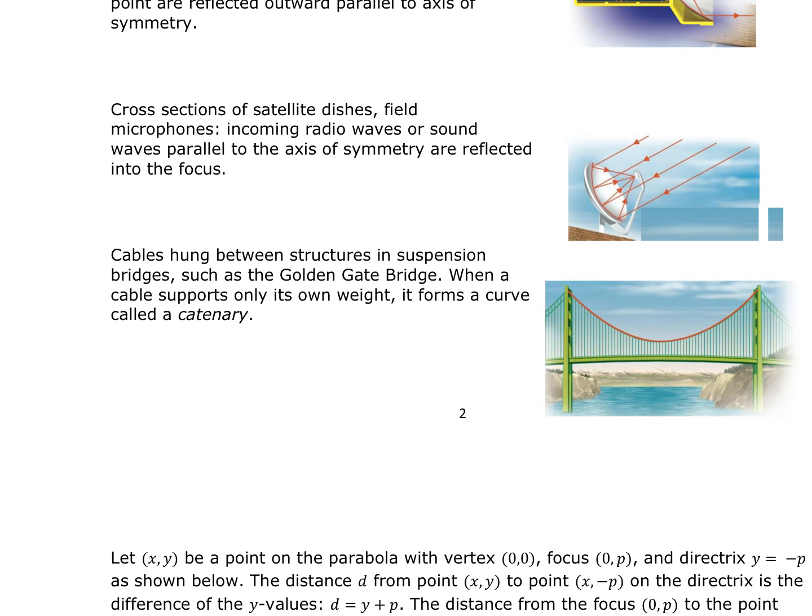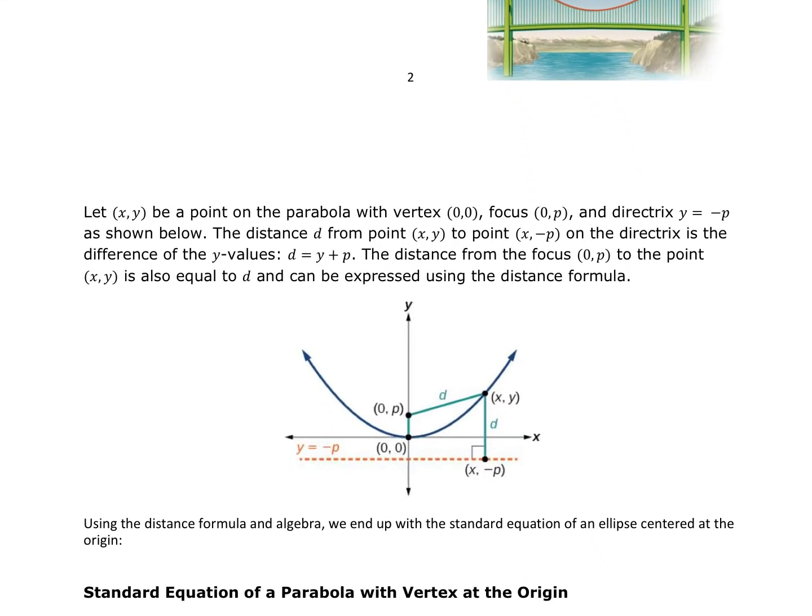You're going to say, wait a minute, aren't there other types of shapes? Yes. But some cables that are hung between structures, such as suspension bridges like the Golden Gate Bridge, have a parabolic shape.